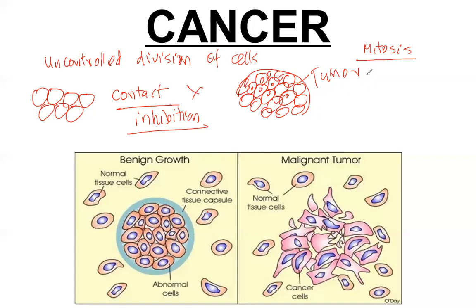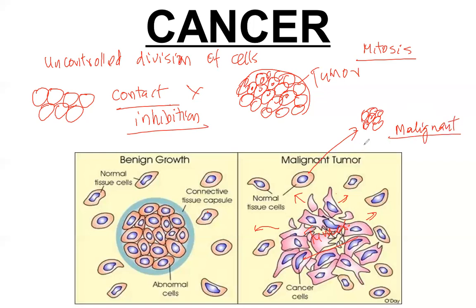And tumors are of two kinds. Some tumors, like here you can see, are very loose. The cells keep drifting away from the tumor. From the tumor, cells keep breaking away and they go to other parts of the body, stick there, and form a new tumor. This is called a malignant tumor, or malignant cancer.